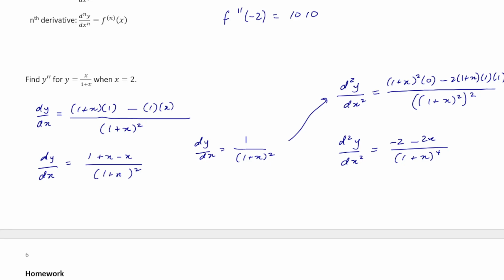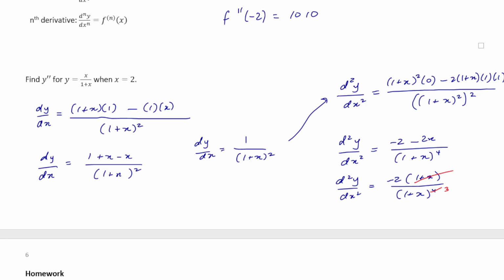Okay, I can make my life a little easier by doing this. d squared y over dx squared, factoring out a negative 2, (1 plus x), and then I get (1 plus x) all raised to the power of 4, and then I can cancel this out right here, and that goes down to 3. Now it's just a matter of subbing in x is equal to 2.